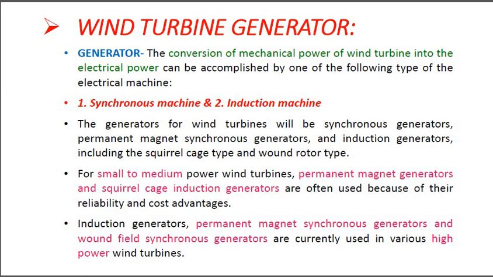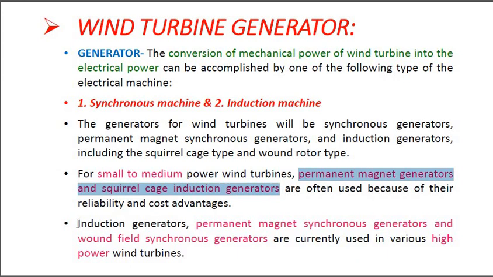The generators for wind turbines are synchronous generators, permanent magnet synchronous generators, and induction generators, including the squirrel cage type and wound rotor type. For small to medium power wind turbines, permanent magnet generators and squirrel cage type induction generators are often used because of their reliability and low cost advantage.